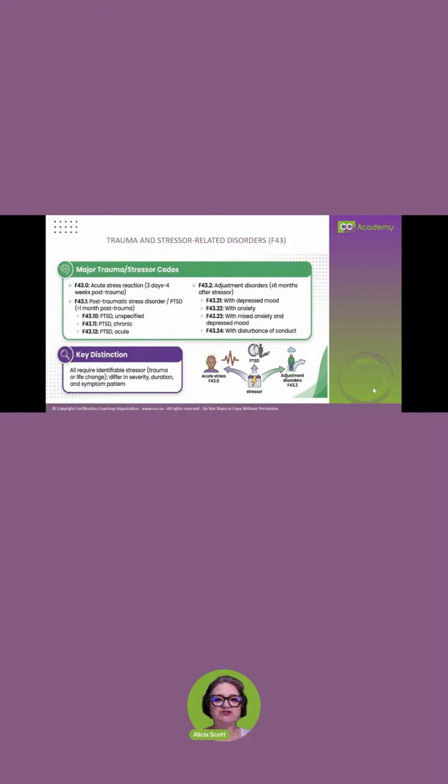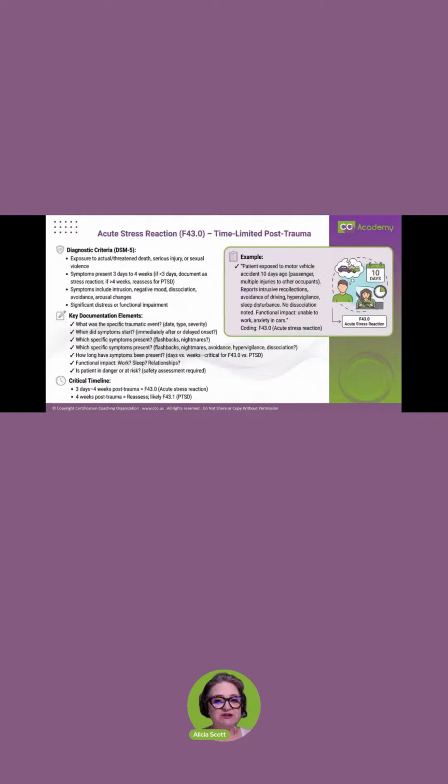Okay, let's talk about acute stress reaction. This is F43.0 and it's limited. Here's what you need to know. The patient has to have exposure to an actual or threatened death, serious injury, or sexual violence. That's your trauma. Symptoms are present from 3 days to 4 weeks after the trauma.